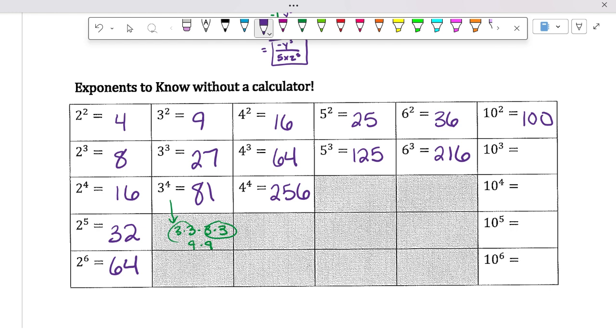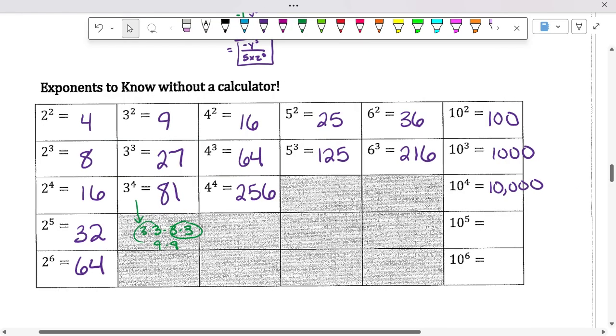All right. Now, the 10s are easy. All you do is take whatever the previous one is and add a 0 to it at the end. So what's 10 cubed? 1,000. 10 to the 4th? 10,000. You just add a 0 at the end. 10 to the 5th? 100,000. 10 to the 6th?